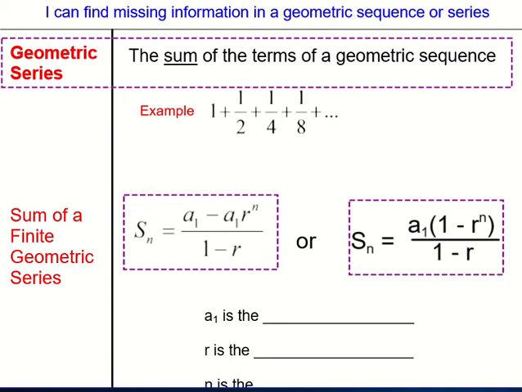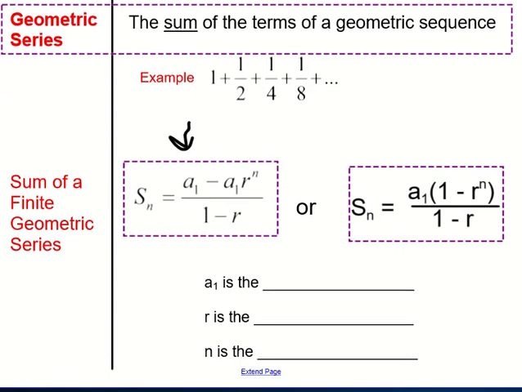The sum of a finite geometric sequence is this: Sn equals our first term minus our first term times our ratio to the nth power, all over 1 minus r. That is right here. Or we have our sum equals our first term times 1 minus the ratio to the nth power, all over 1 minus the ratio.